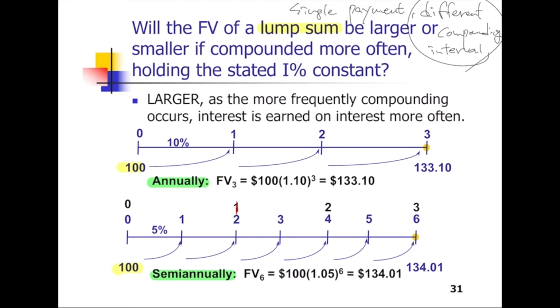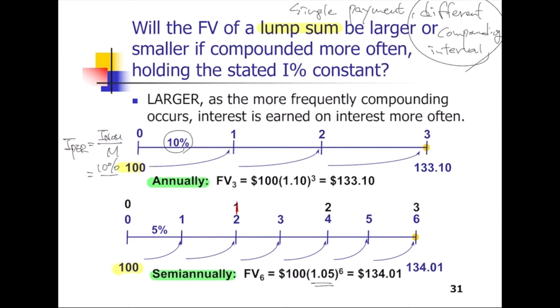So we should calculate the period rate. In this case, the period rate is the same as the nominal rate, because depending on this equation, the nominal rate is 10%. M means the number of compounding periods per year.